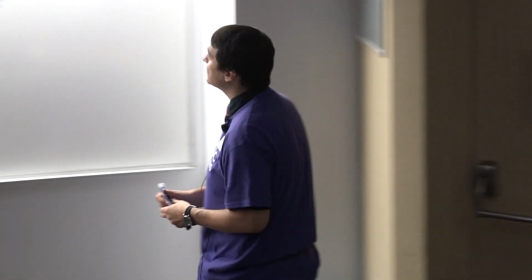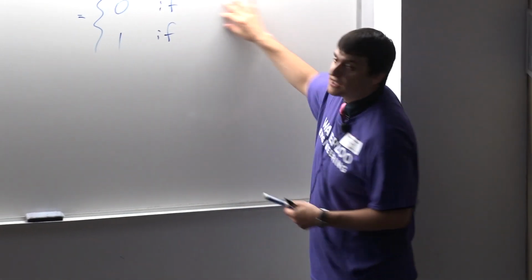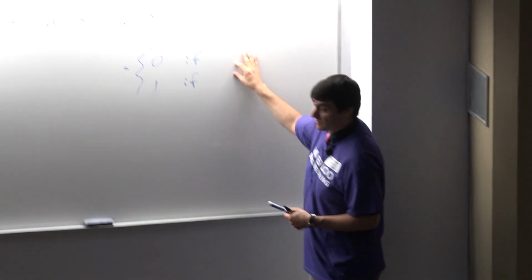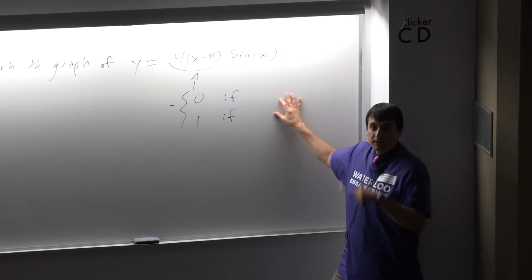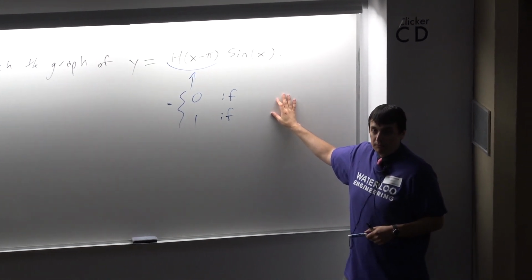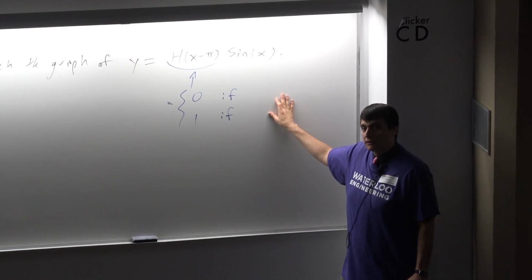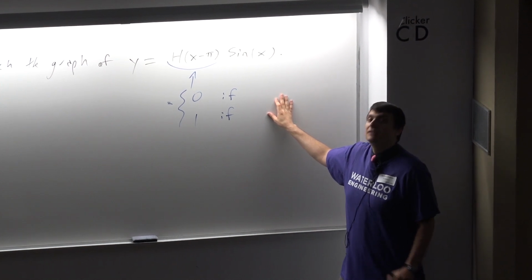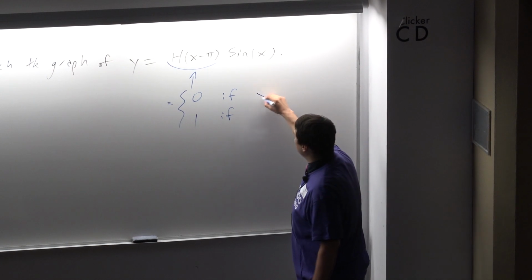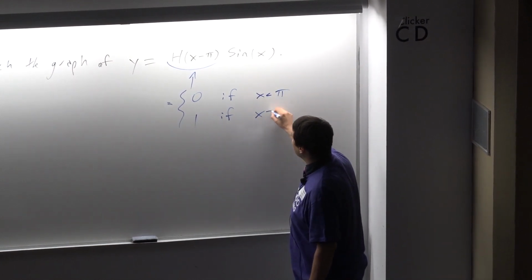So how do we replace that in terms of a nice piecewise function? I'm taking a step before I sketch the graph. Yeah? H of x would be undefined at pi, yes, and it would be 0 if it's less than pi, and 1 if it's greater. Exactly. Thank you very much.